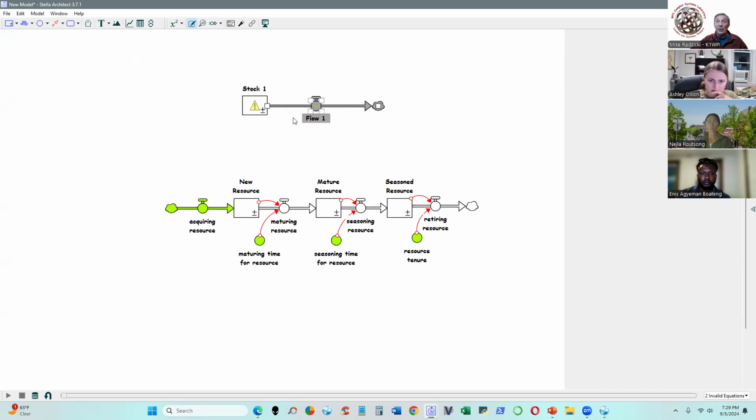Even if your equation said, just keep sucking stuff out of here no matter what. The reason was when Barry Richmond, the guy who created Stella, would use this for consulting, he would leave the model with his clients and say, I'll be back in a week. They would start playing around, and they didn't know how to put first order control in. And then this thing would go negative. It would be like negative people or something.